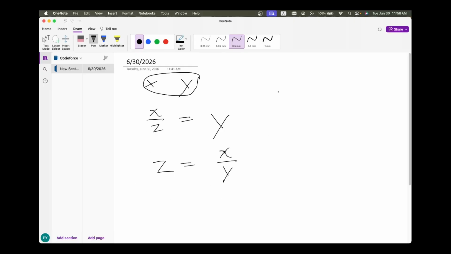Because if x isn't divisible by y, then no matter what you divide x by, you can never hit y. And everything's an integer. So basically you just check if x mod y is 0, and this is yes, else no. Yay, we're done.